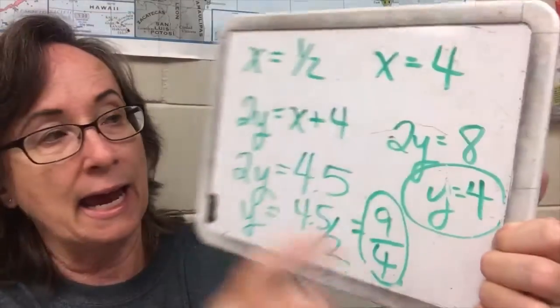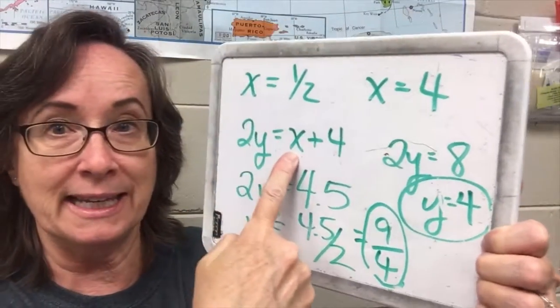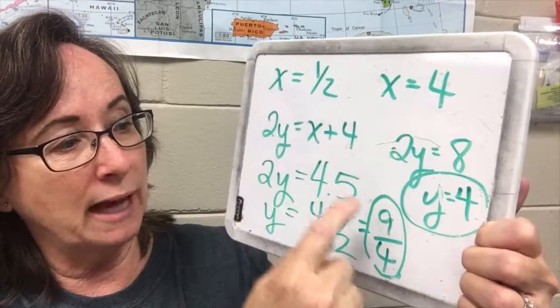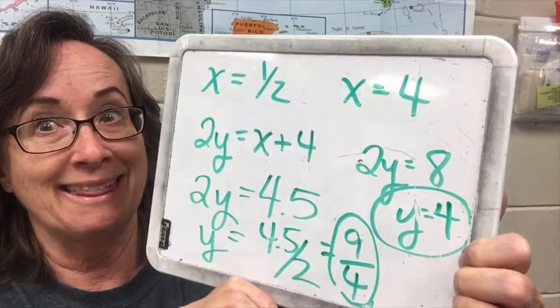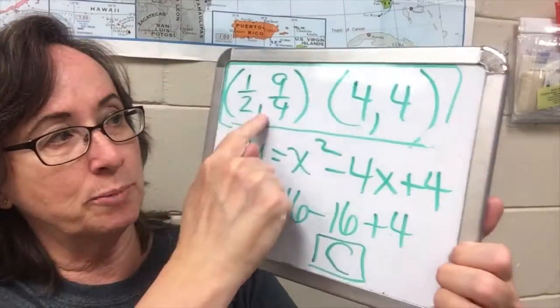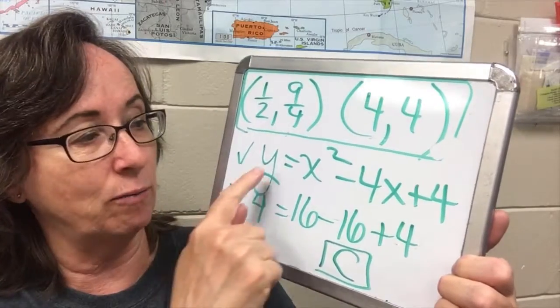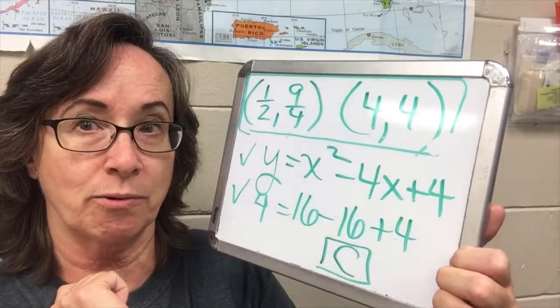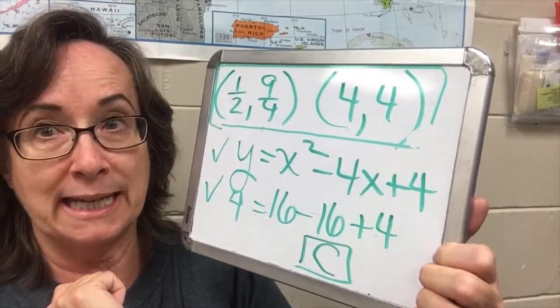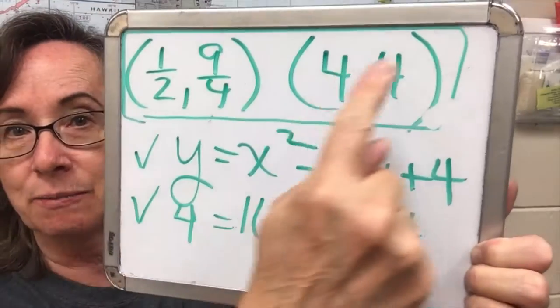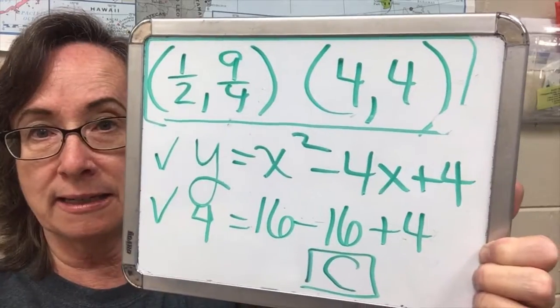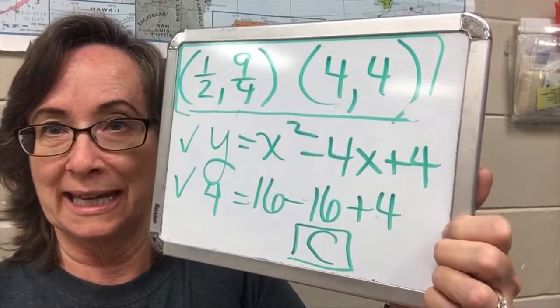And then I took each one of those x's and plugged them into the linear equation to get the y's that resulted. Then, after I got the solution points using the line, I went through and verified with the parabola that they were indeed solutions for the parabola as well. And this was my answer set, and it matched C in my book.